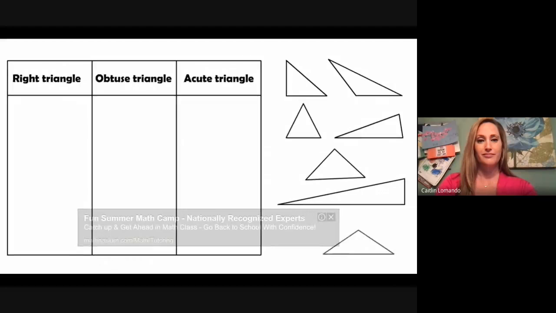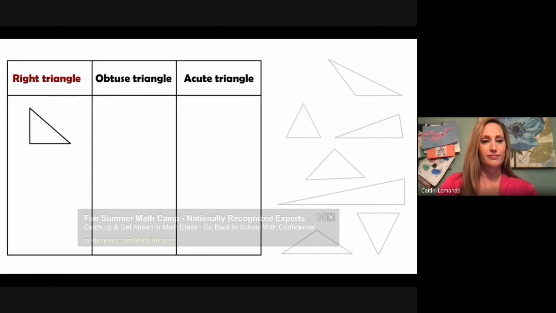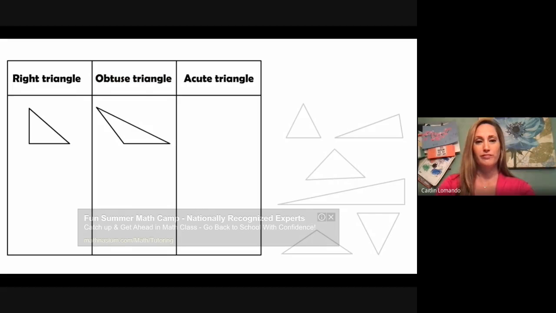Now, let's look at the following group of triangles and try to classify them into right, obtuse, or acute triangles. This one is a right triangle, since it has a right angle here. While this one is an obtuse triangle, because it has an obtuse angle within it. This triangle is an acute one, since all its angles are smaller than a right angle.